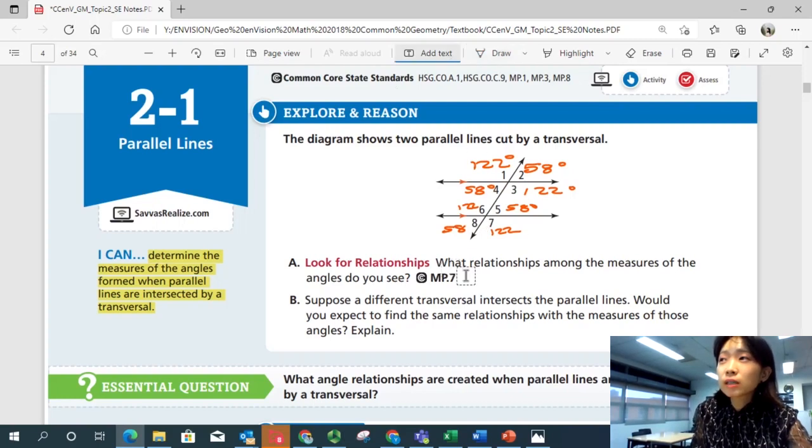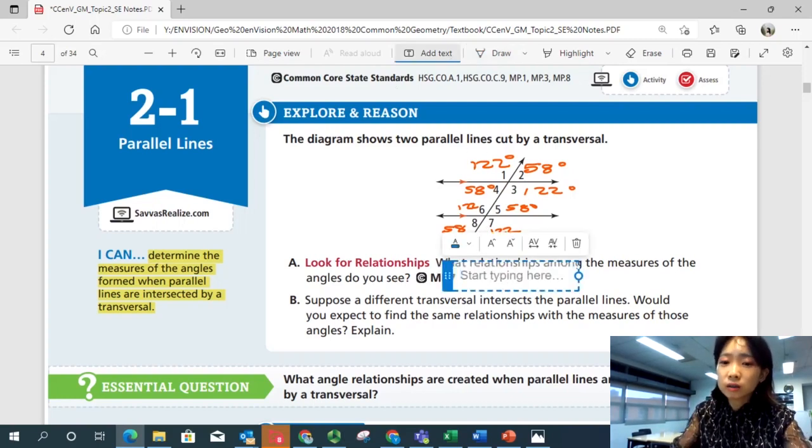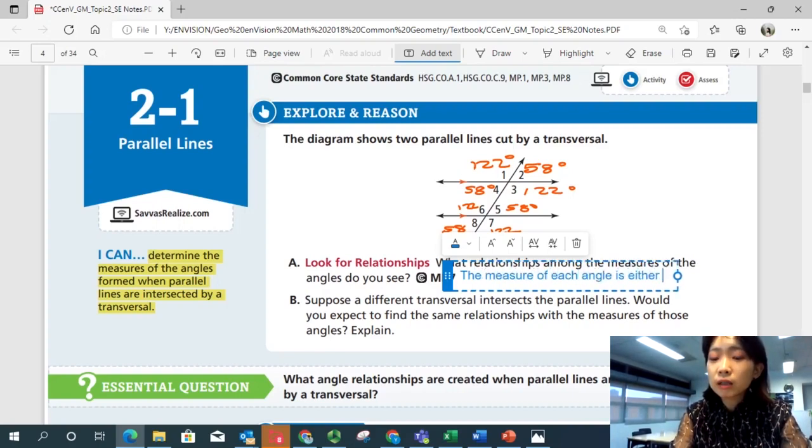So what are some relationships you might describe? First of all, the measure of each angle is either 58 degrees or 122 degrees. So each pair of angles is either congruent or supplementary.